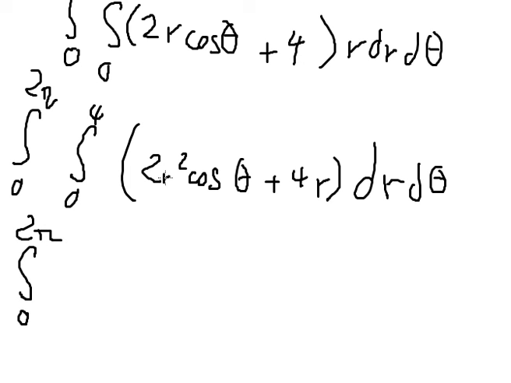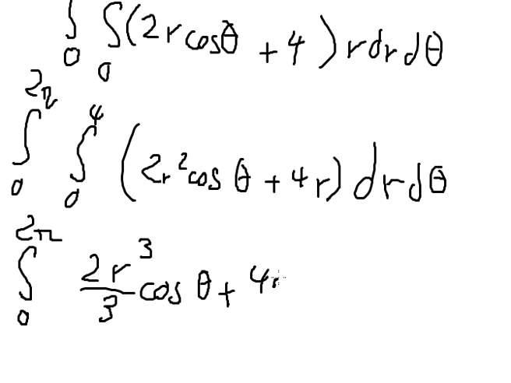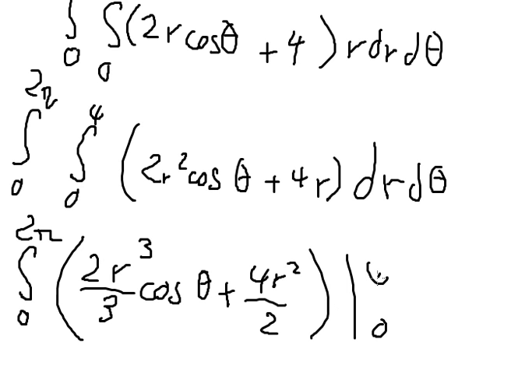The integration of r squared, we have 2r to the power of 3 over 3 cosine theta. For r, we have 4r squared over 2. And we have the bounds from 0 to 4.